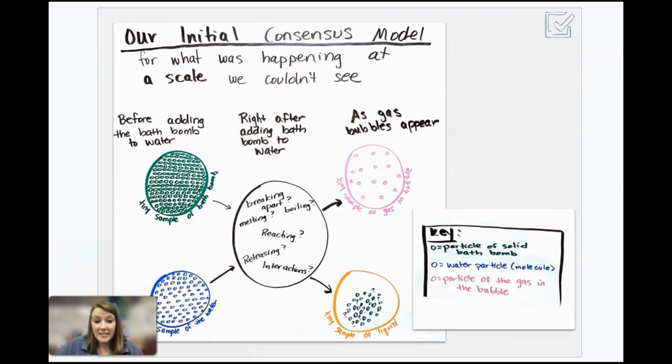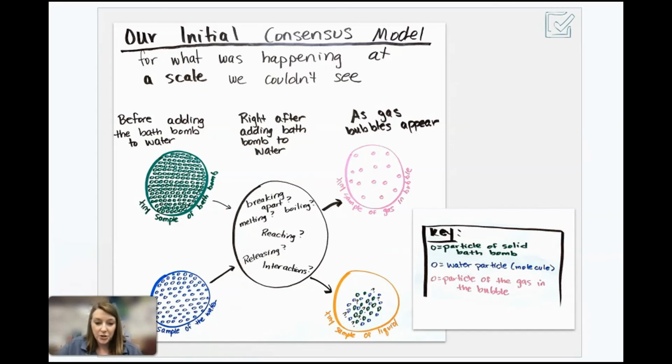So this is a class's initial consensus model of what was happening at a scale we couldn't see in the bath bomb. They have a tiny sample of the bath bomb represented with green circles, pretty tightly packed together, and a tiny sample of the water with some blue circles down at the bottom left. Right after adding the bath bomb to water, students think that it's maybe breaking apart, melting, possibly boiling, reacting, releasing, and interactions.